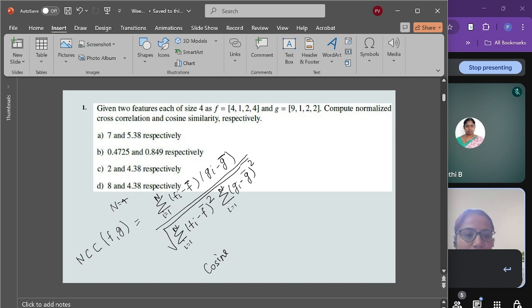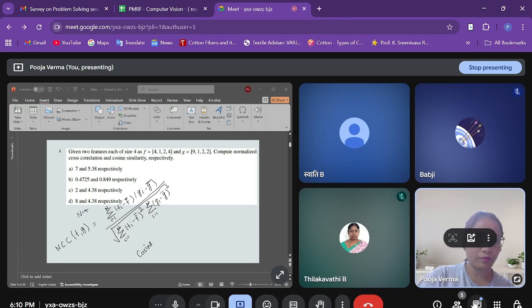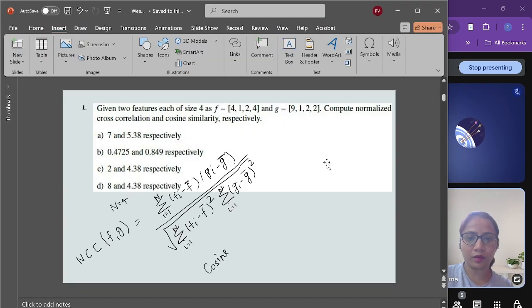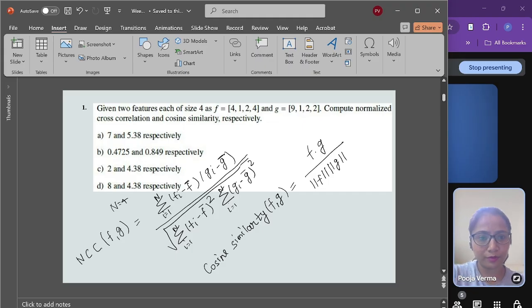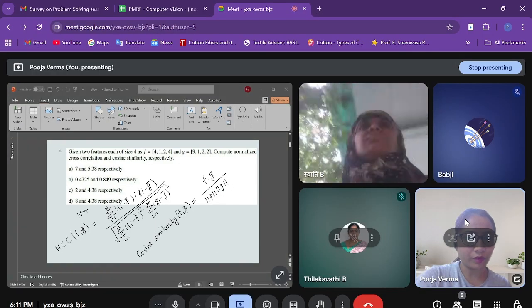The formula for cosine similarity: cosine similarity of f and g is calculated by f dot g divided by the norms of f and g, and here it is normalized by the root mean square of the feature vectors.